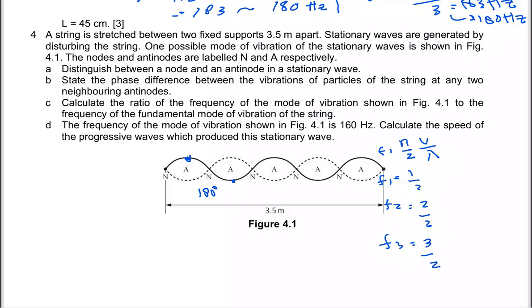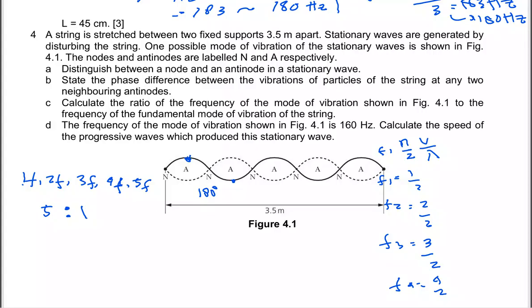It happens as half wavelength, then full wavelength, then one and a half wavelengths. It means the stationary wave in a string has a series of 1 frequency, 2 frequency, 3 frequency, 4 frequency, and 5 frequency. We can see this is the 5th frequency of the stationary wave in the string, and the ratio to the first frequency is 5 to 1.